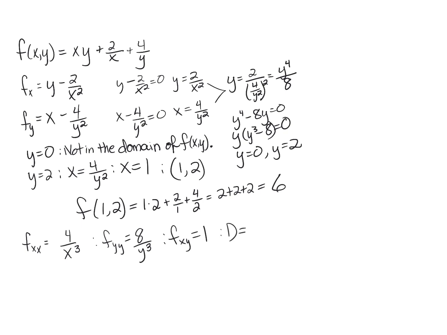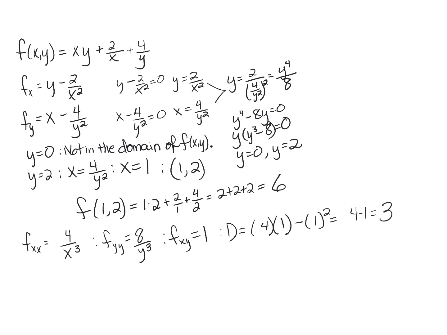So D, we're going to plug in the 1 and the 2. So XX is 4 over 1. YY is 8 over 8, which is 1, minus 1 squared. I get 4 minus 1 equals 3, which is positive.